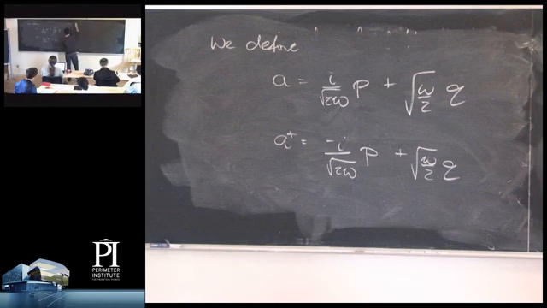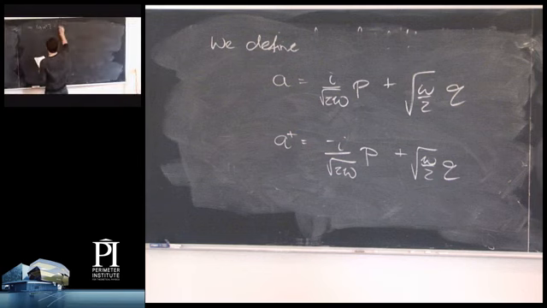If we work out the commutation relations, substitute in these expressions, use the fact that P's commute with P's and Q's commute with Q's, and P and Q commute to give i, we find that these have the following commutation relations.